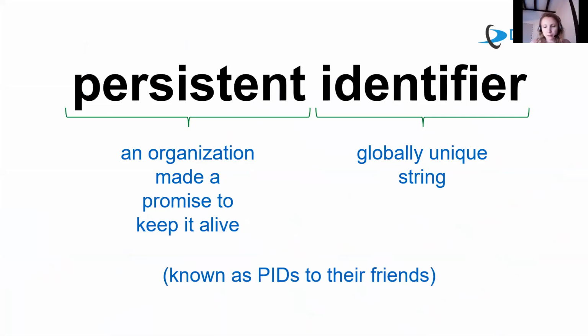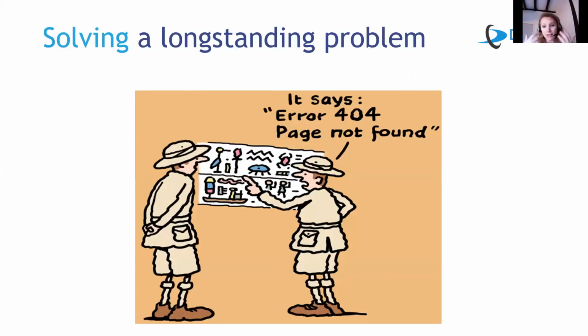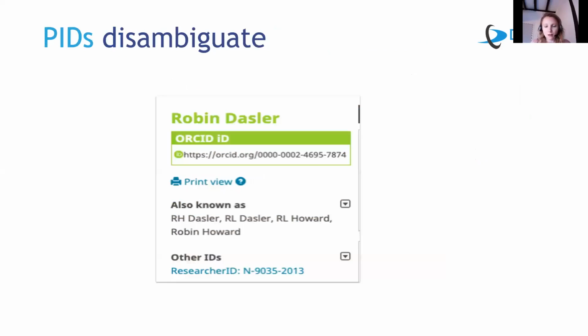And I guess the persistent part is really about there being an organization behind it that made a promise to keep it alive so that it persistently resolves over time. And this then solves a long-standing problem of things no longer being available or people not being able to find it over time.